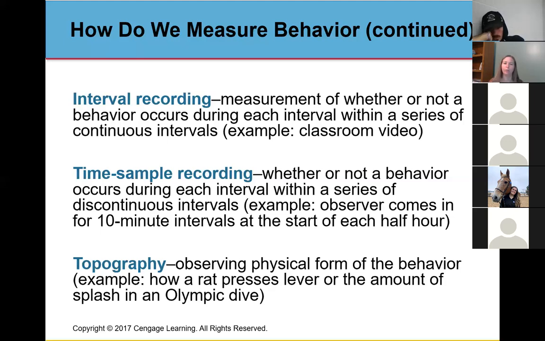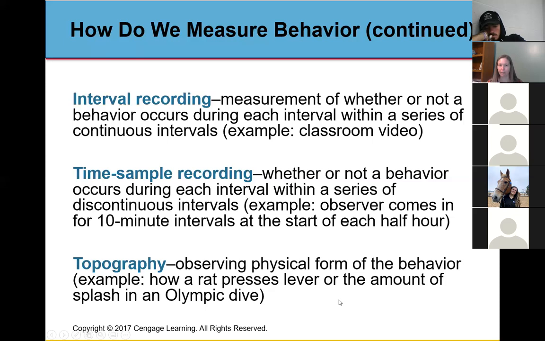And then slowly you remove those reinforcers and only reinforce that behavior that we're looking for. So getting closer and closer, these successive approximations to the behavior that we want to ultimately see that animal perform. So those physical forms of that behavior is what we're talking about with topography.